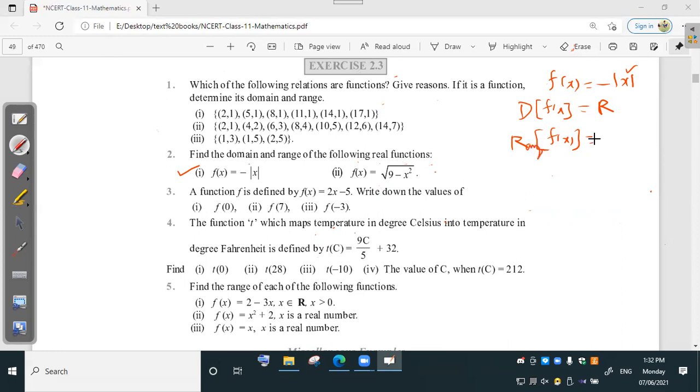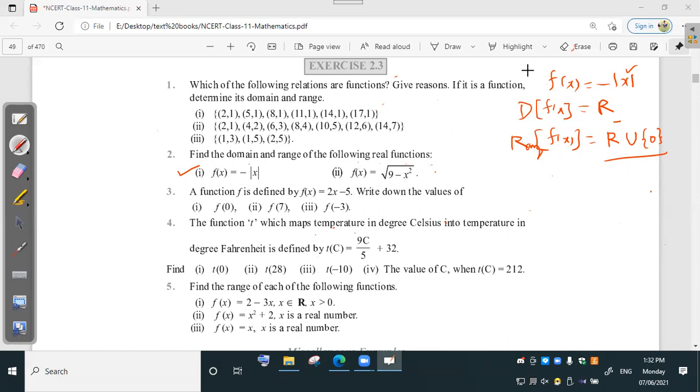So what will be the range of f(x)? Only negative real numbers, plus 0 will come, because when 0 comes it is neither negative nor positive. So the negative numbers union 0 will be the range of this function.